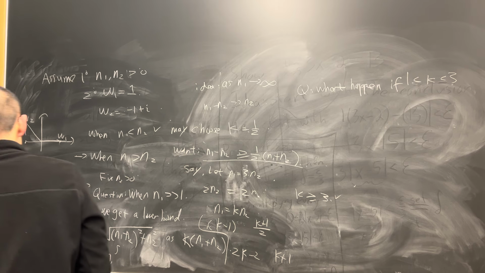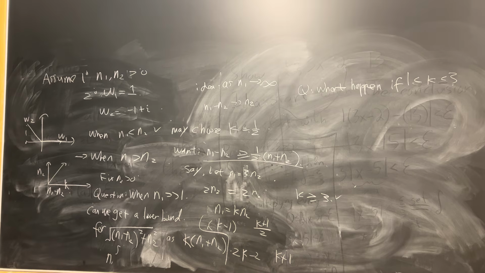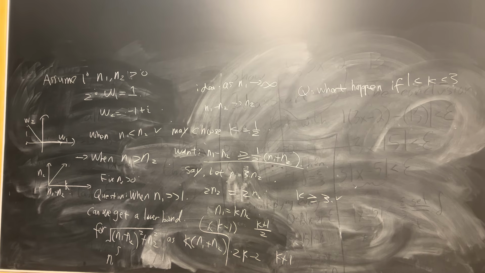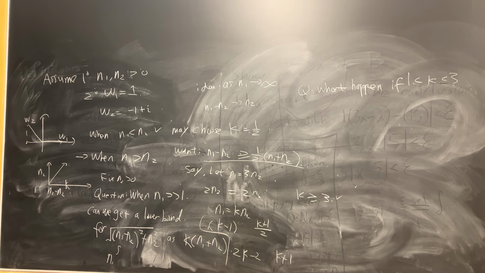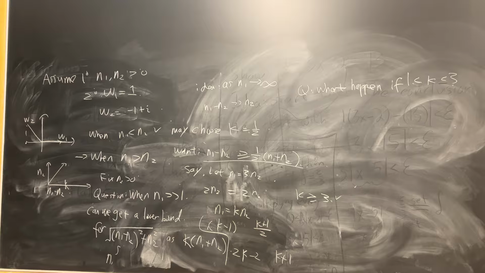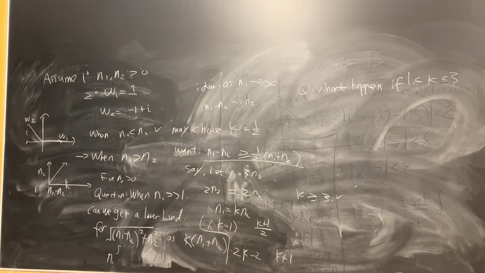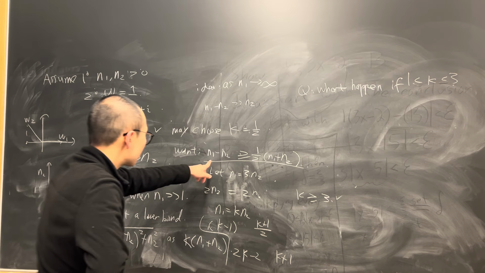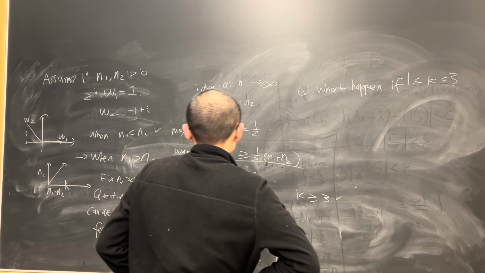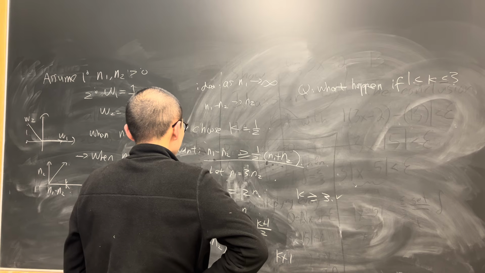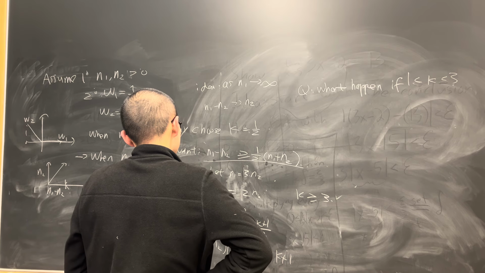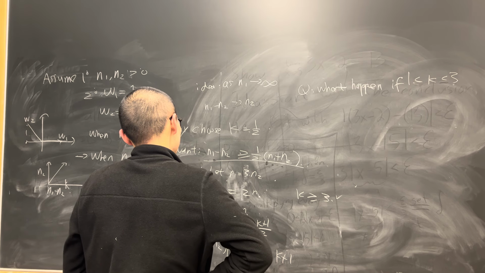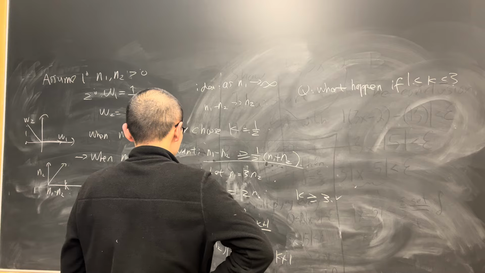I think you can do something with the stuff here, right? Because this k is limited. I think you can get something.